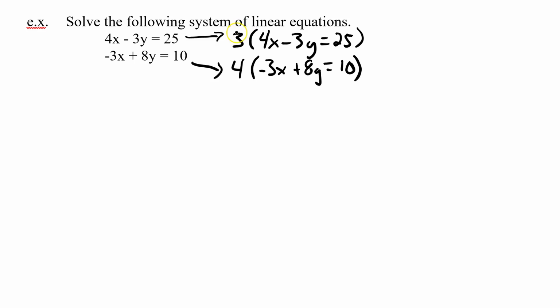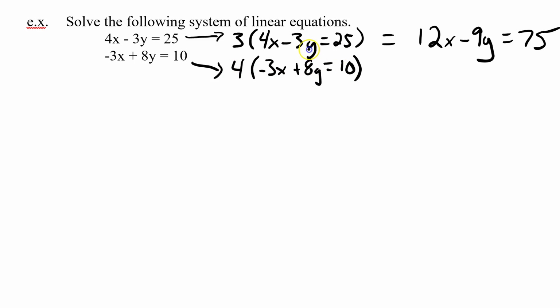So now I simply have to distribute the 3 to each part of my equation. That will be 12x. 4 times negative 3 is negative 9y, equals 25 times 3, which is 75.